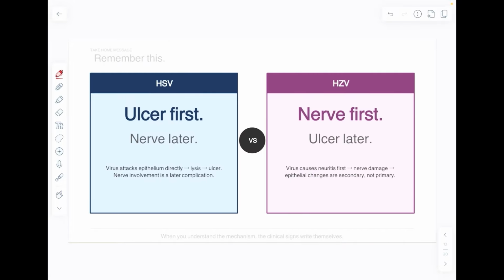So in herpes simplex, ulcer first, nerve later. So the virus attacks epithelium directly, lysis and ulcer. So the sensation is going down first and the pain is coming later. But in herpes zoster, the nerve is getting affected first and the ulcer later. So herpes zoster is very painful.